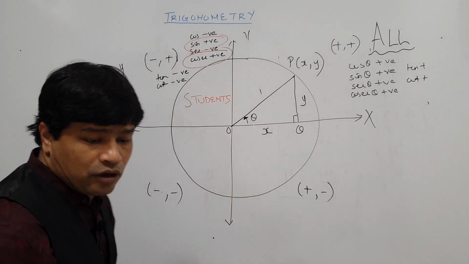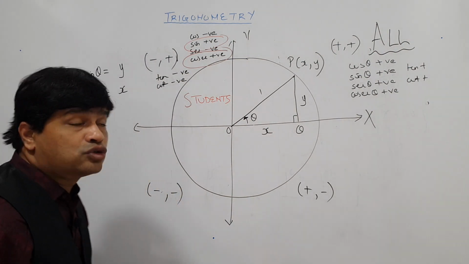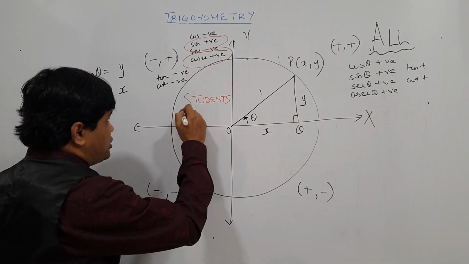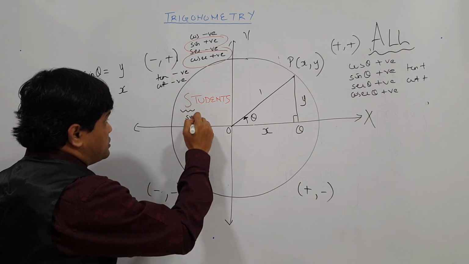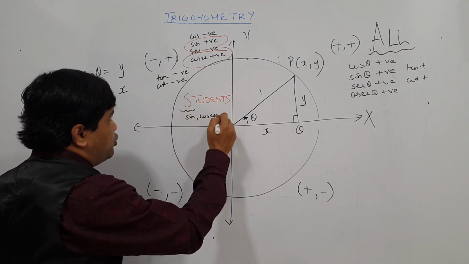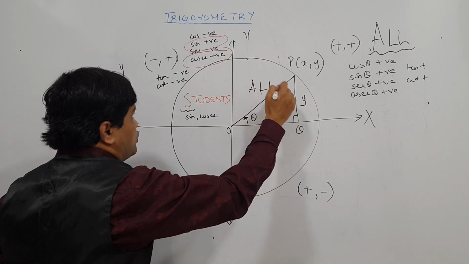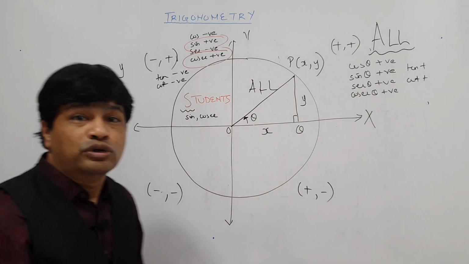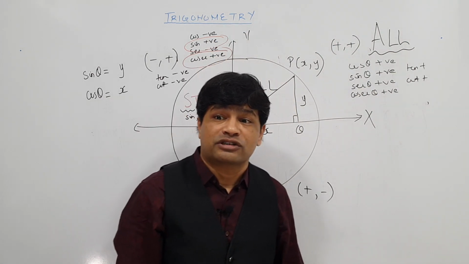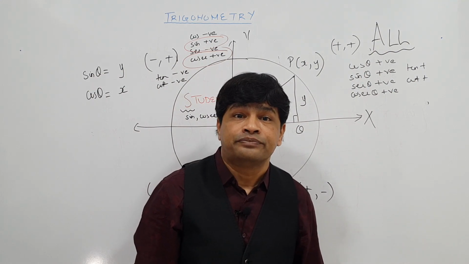When I say the word students, the initial letter is S, which is sine, and its reciprocal cosec. First was all, second is students, S stands for sine and cosec.